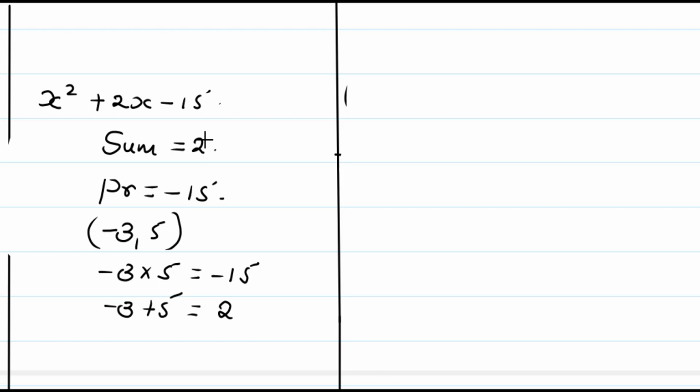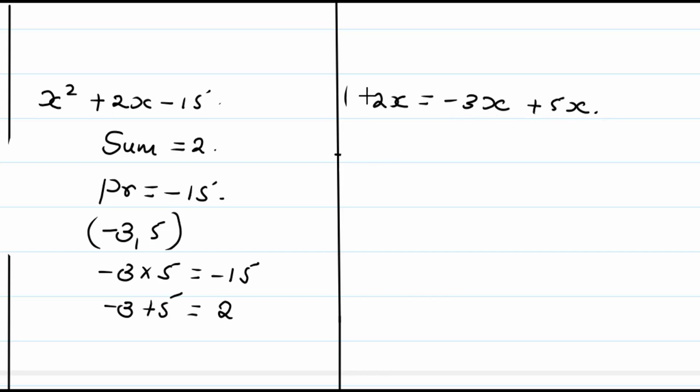And now that we have those values, why can't I take this 2x and write it in terms of negative 3 and 5? So 2x can also be written as negative 3x plus 5x, because negative 3x plus 5x is 2x.